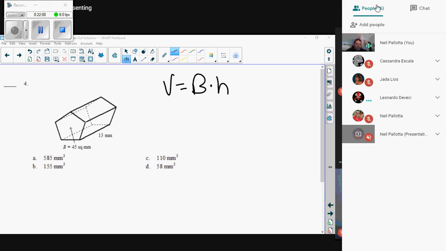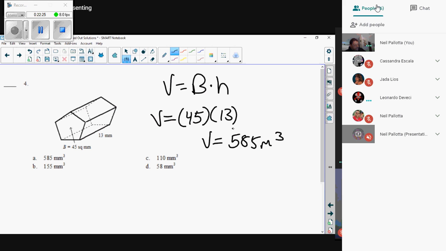What's the capital B? They actually give you the base area. So your volume is going to be 45 times the height, which is 13. That's it, right? And when you multiply the 45 times the 13, that's where you get 585, and those are cubic millimeters. All right?